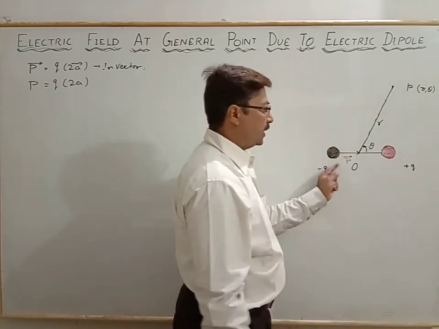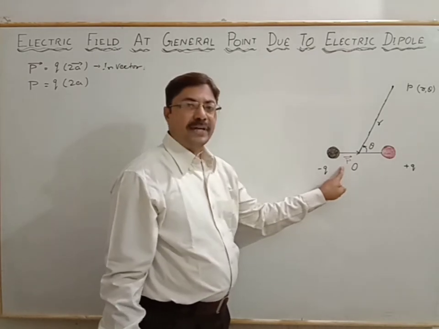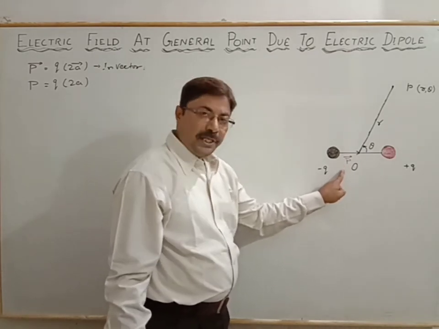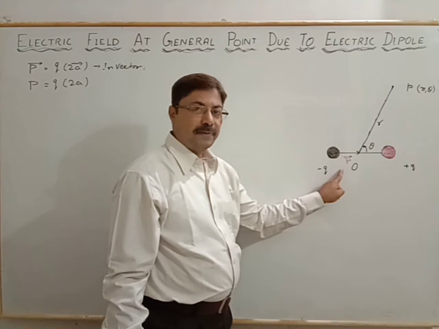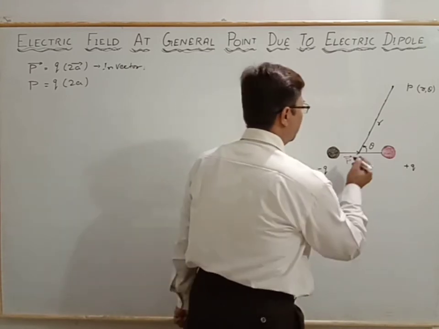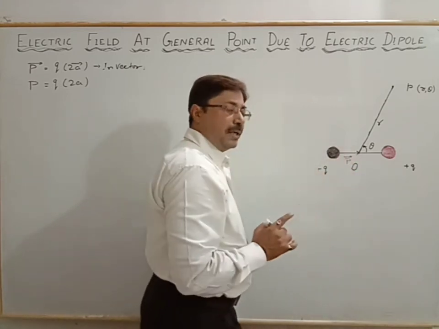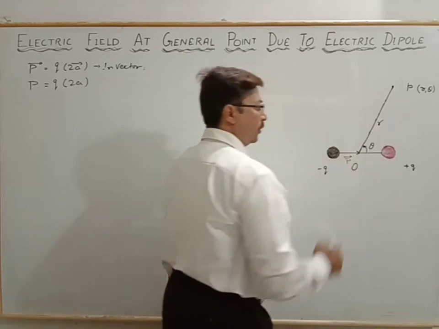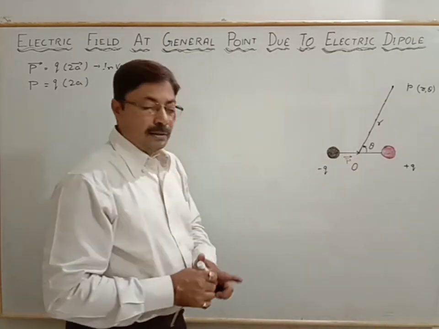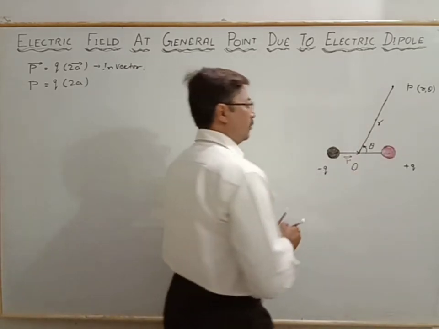Now P is a vector, so dipole moment is a vector. We resolve this vector into its components. One component is the radial component, another is the transverse component.